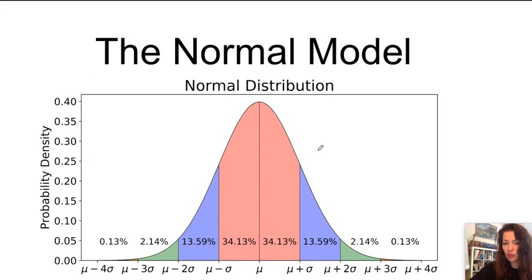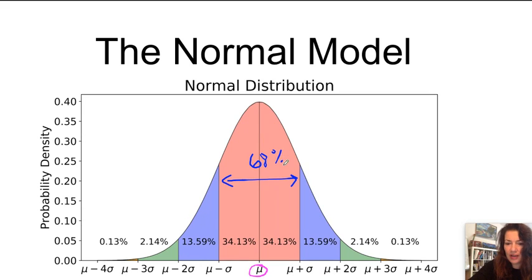Looking at the normal model, we have our mean right here, mu, and sigma represented by the symbol here. This means 1 standard deviation to the right and 1 standard deviation to the left. So it is approximately 68%. We know for a normal distribution such as this model that about 68% of our data is 1 standard deviation left and right.